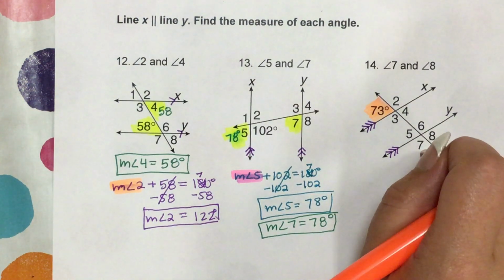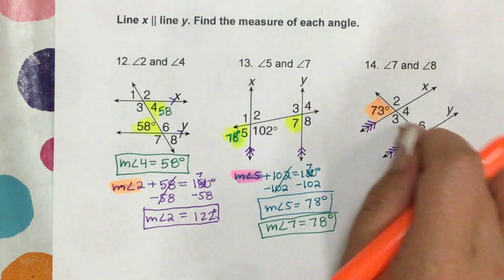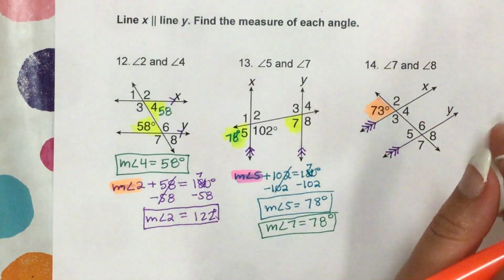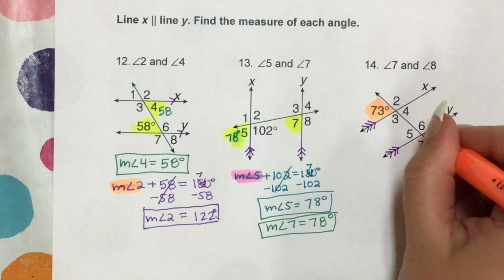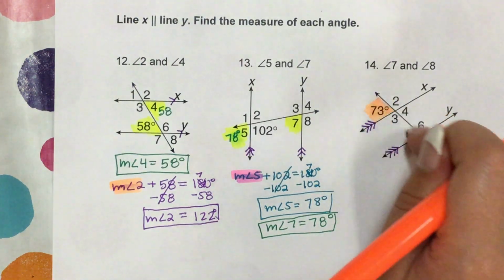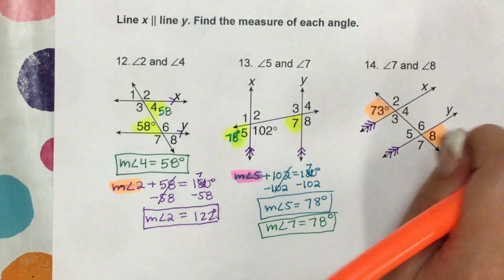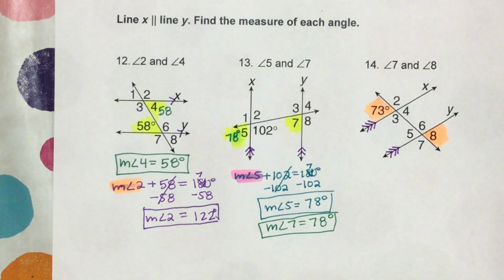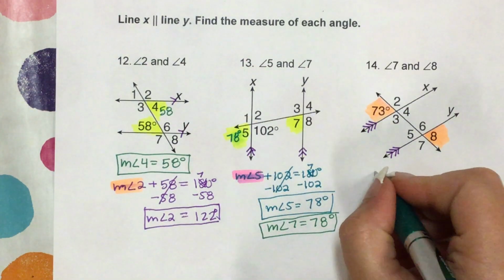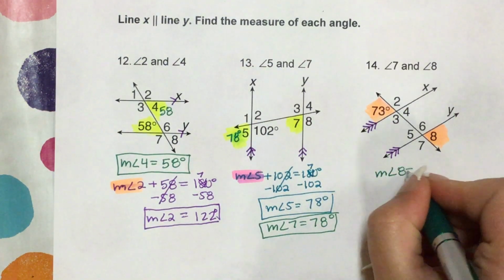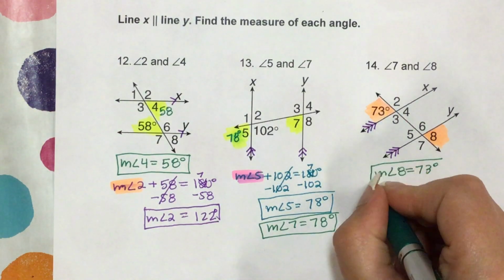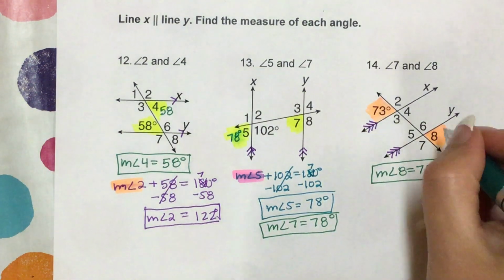But the problem with 7 is that it's not an alternate exterior angle. It's on the same side of the transversal. However, 8 is exterior and it's on alternate sides of the transversal, which means they are congruent. So that means that the measure of angle 8 is equal to 73 degrees. They are the same amount because of the alternate exterior angles.